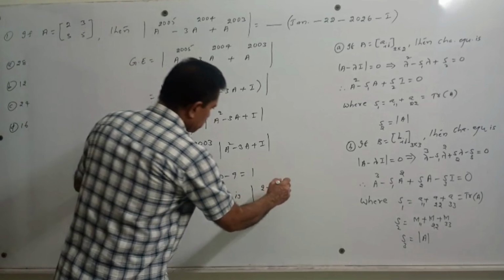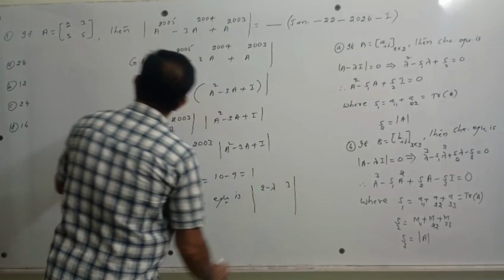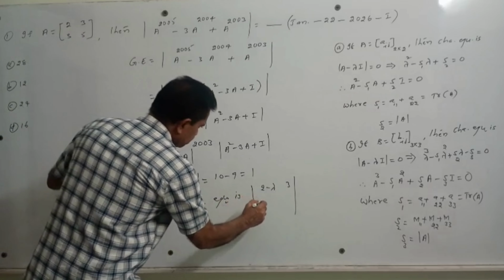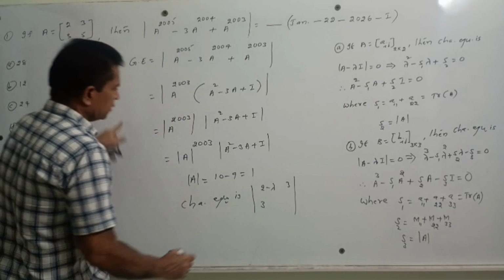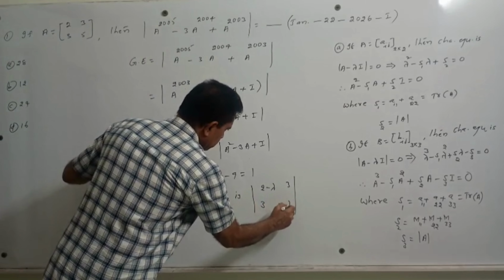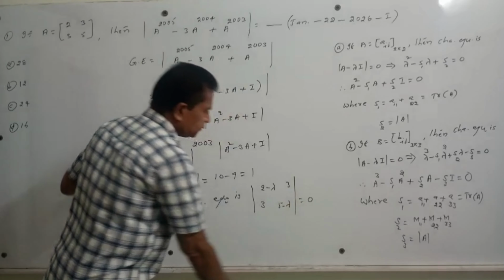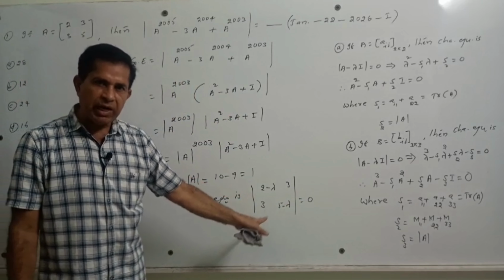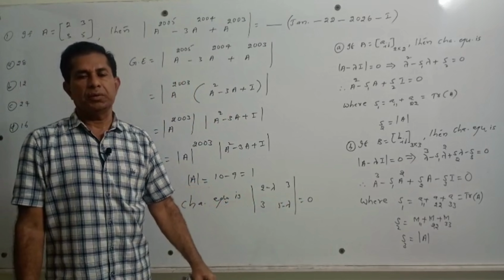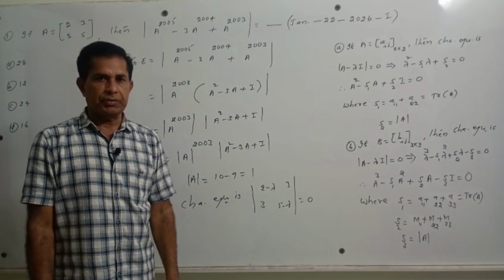This element is written same. This element also written same. This is element occurring in the principal diagonal, subtract lambda. This is equal to 0. So this is determinant of A minus lambda I is equal to 0. That is the characteristic equation.